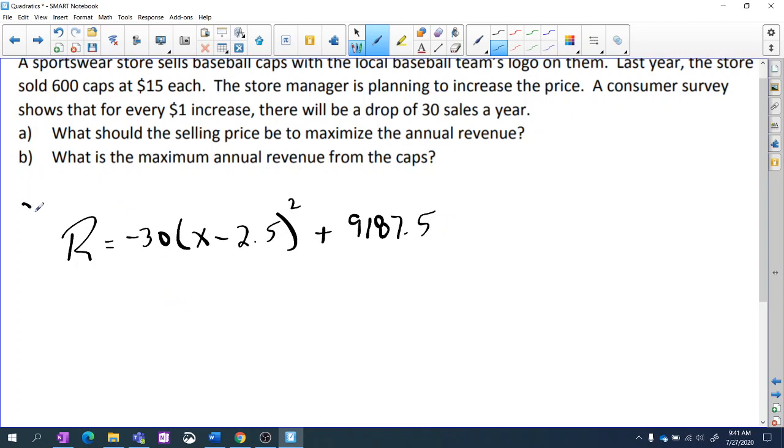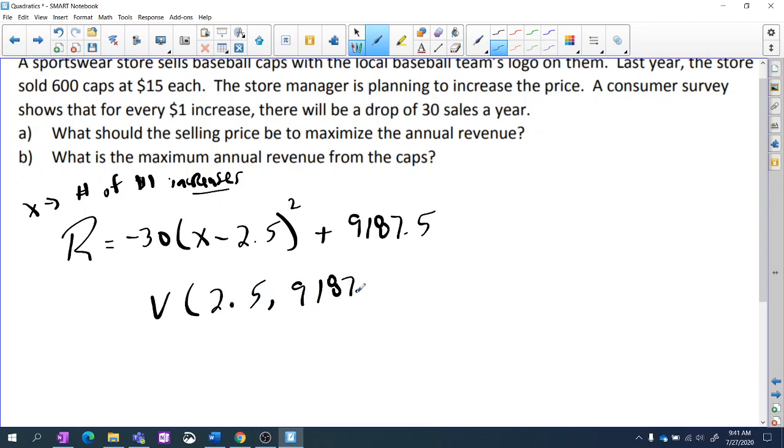Remember that x was the number of $1 price increases. $1 increases. That'll be important here in a second. So my vertex is at 2.5, 9187.5. This function models R for revenue, which is where the Y is, and X is the number of $1 increases.